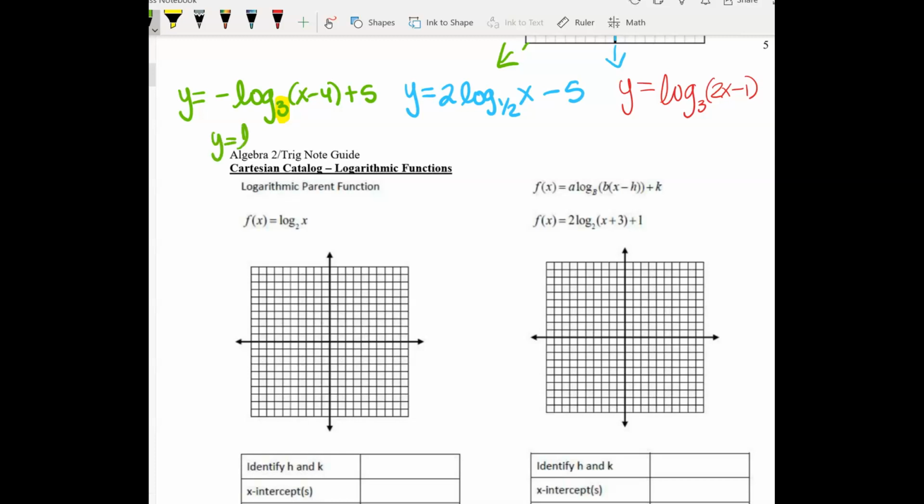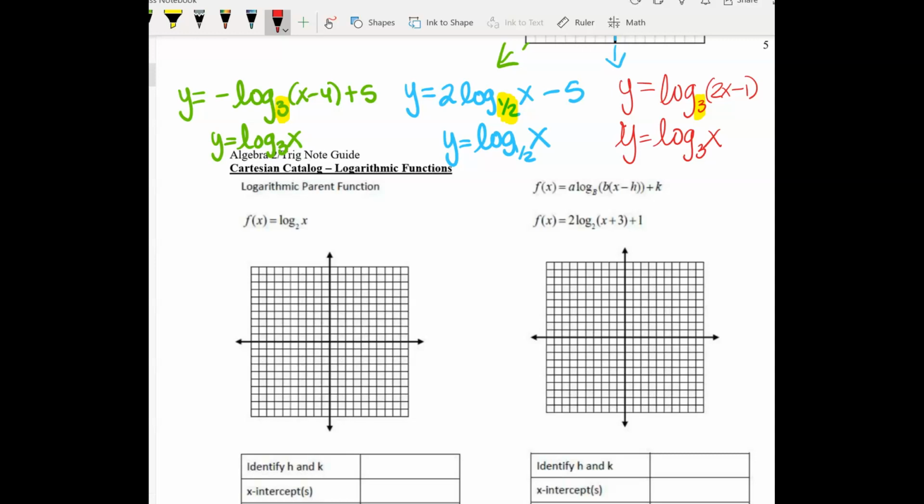It is the base, and the parent function for this would be log base 3 of x. For the second equation I've written here, 1/2 is the base of the logarithm. That means 1/2 is not a transformation of the function. It's the base that you would use for the parent function. And then lastly, 3. The parent function, if I was going to graph this equation, would start with log base 3 of x. Okay?